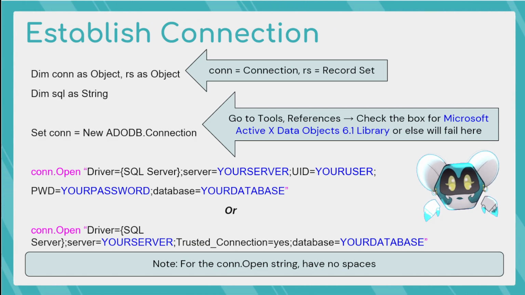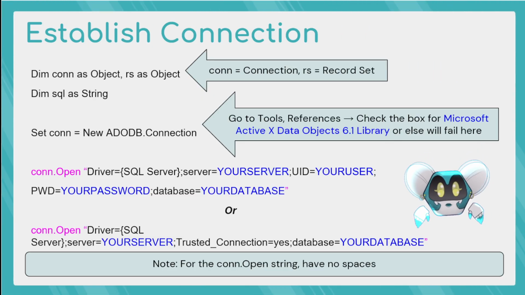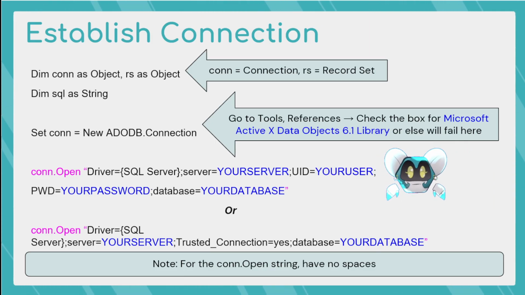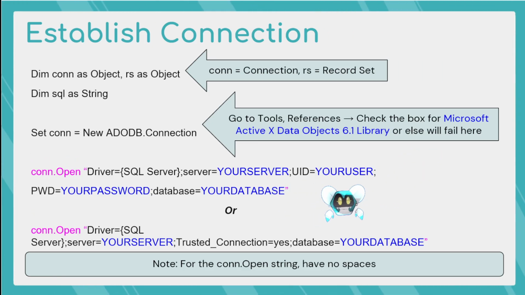Set your connection as a new ADODB connection, and then you are going to open that connection and provide this full string. Say that the driver is SQL Server. Enter the server name, your username, password, and the database name.